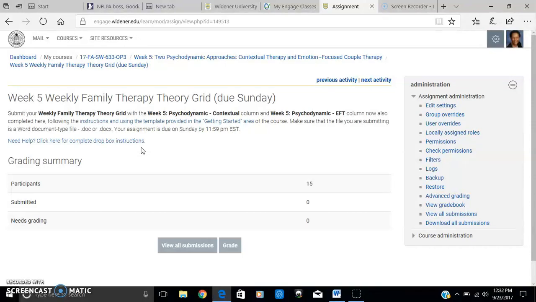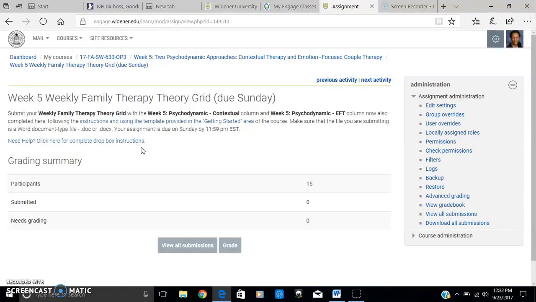And then the third stage of EFT is consolidation, which involves helping couples use their more secure attachment bond and improve relationship functioning to solve problems in their everyday lives and create a story of resilience and mastery in their relationships.